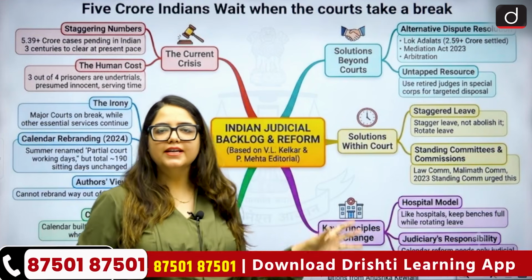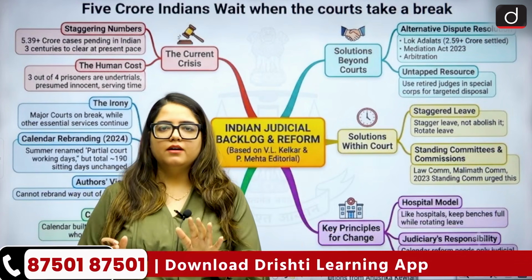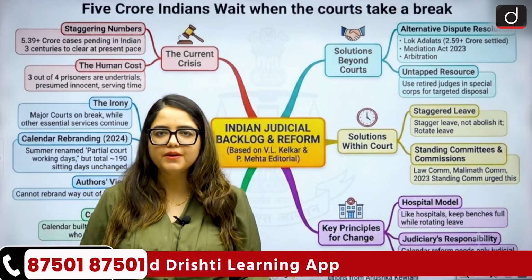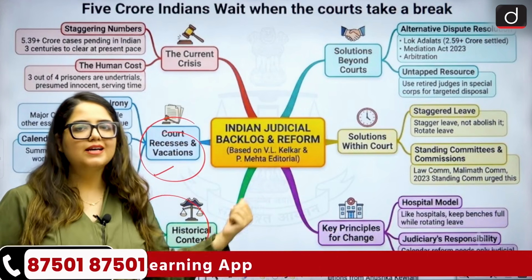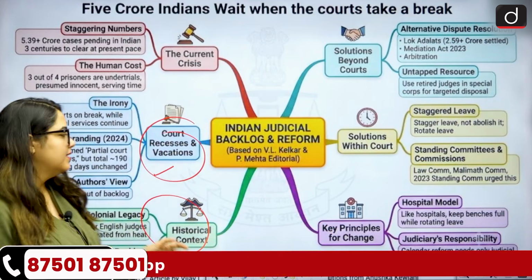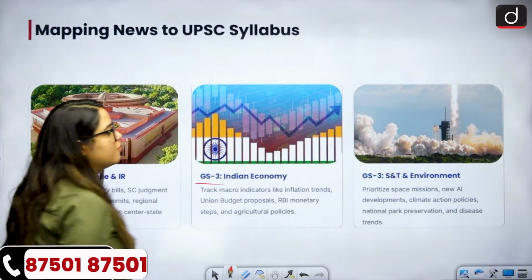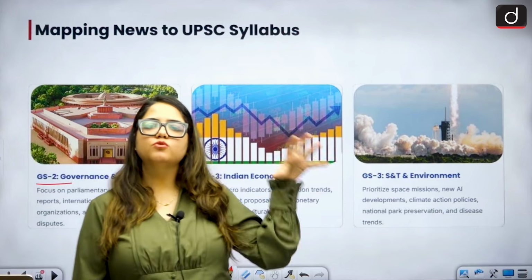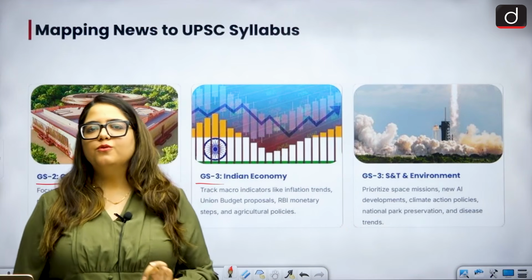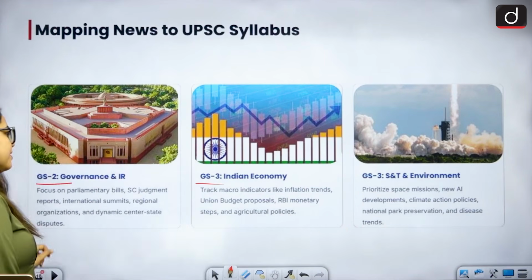This is how we segregate it. And obviously, you can also do this. It is very simple. And if you need help, you can always join the class and watch this and learn. All right. Exactly. So lastly, mapping to the UPSC syllabus, as we talked about GS2, GS3, GS4, etc. You map every news item to its origin, and that's how you cover it.